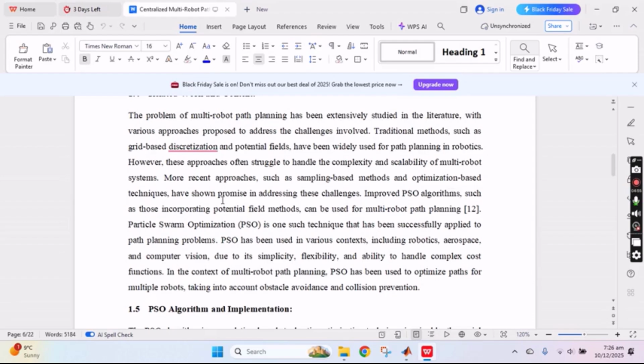But right now, improved PSO algorithms are used for multi-robot path planning, with techniques used in aerospace, robotics, and computer vision, for their simplicity, feasibility, and ability to handle complex cost functions as well.